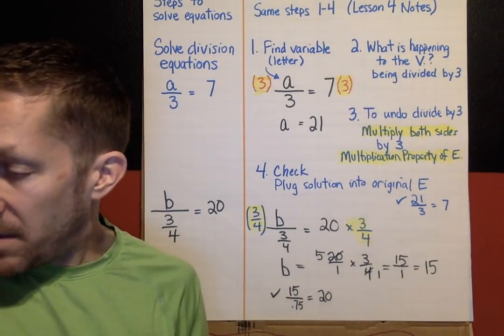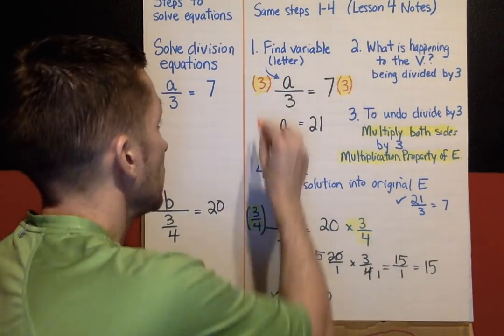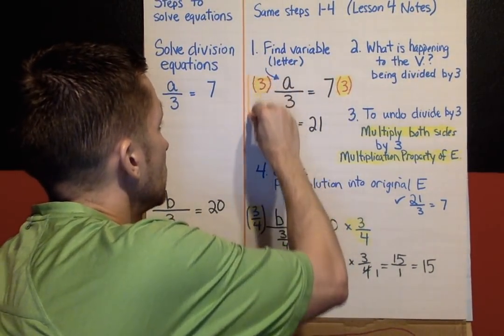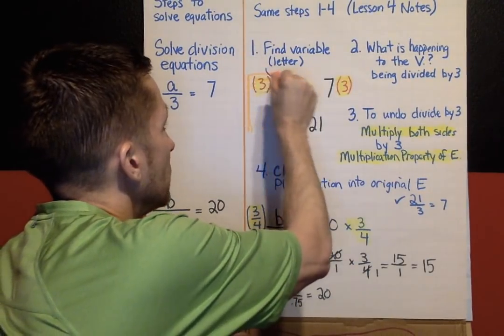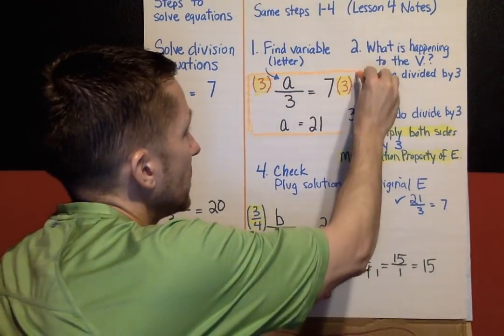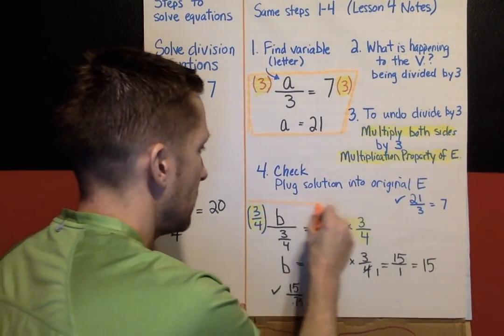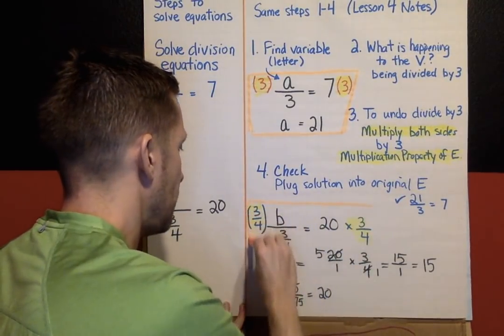All right, so this is what your work should look like today. Okay, showing that you're doing the same thing to both sides. Common theme with solving equations this unit. That's what your work should look like. Here's our other example.